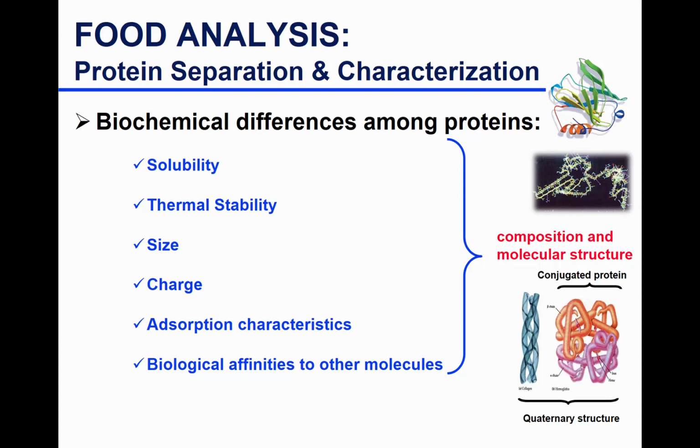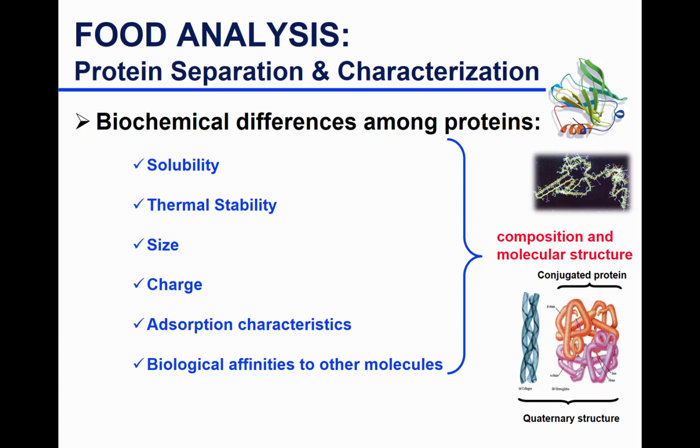A protein that is high in hydrophilic and charged amino acids will have high solubility. Thermal stability, let's say a protein will denature at 70 degrees versus a protein that will denature at 140 degrees. So we can separate them by enforcing the denaturation of one of the proteins. By reaching that temperature, it will aggregate, precipitate, and we can separate it.